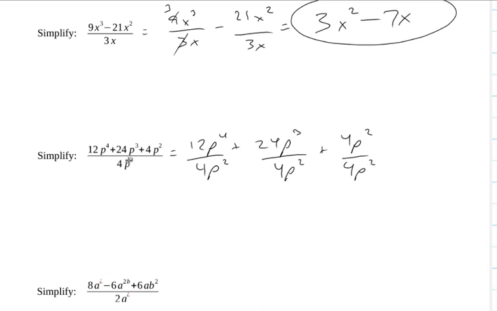A lot of people when they see this have a tendency to say, okay, well, I can cancel the 4p squared with the 4p squared, right? Well, no, because when you're canceling with division, what you're doing is canceling factors. So if you had something like 8 over 4, you're thinking of this as 2 times 4 divided by 4.